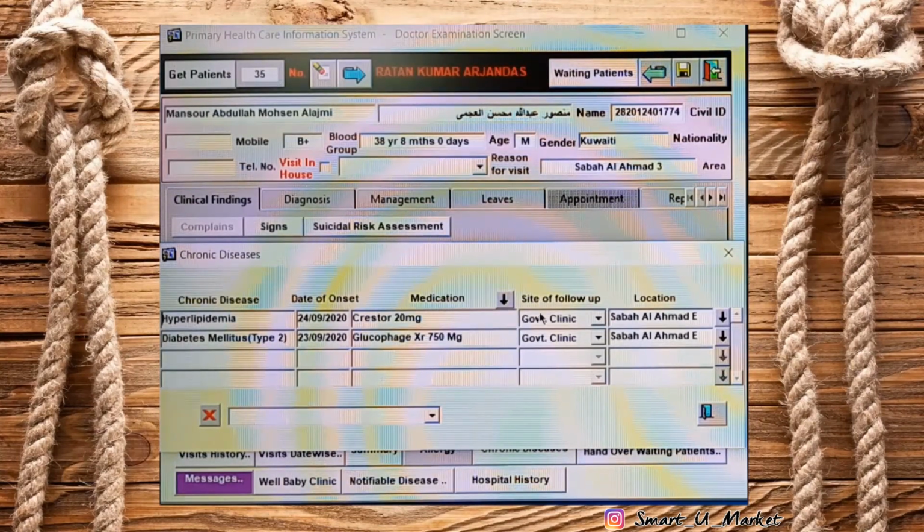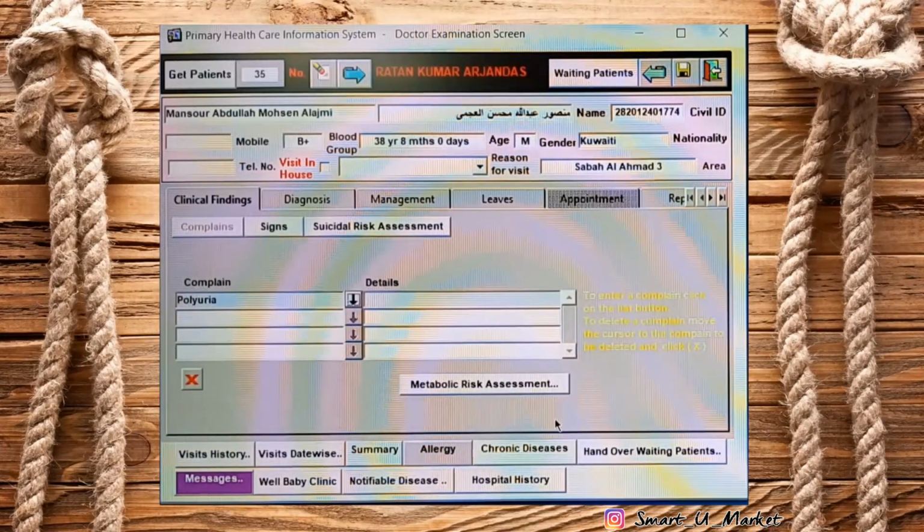We also record which clinic he is following, whether it is a government clinic, private or military or whatever, and its location. That will be good for following the patient.